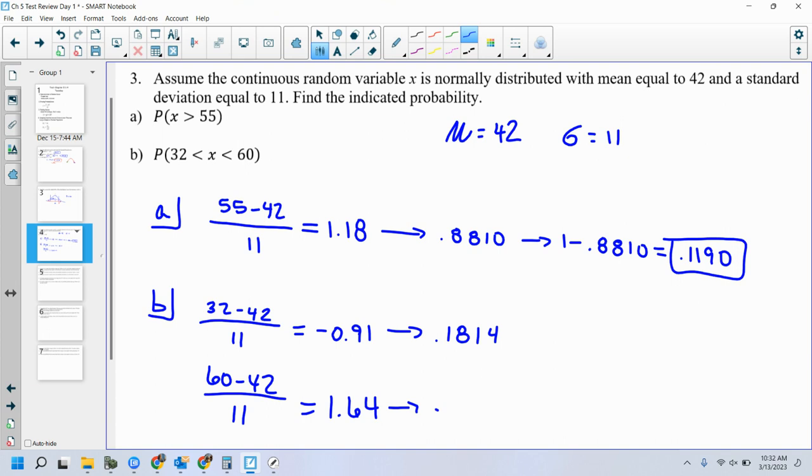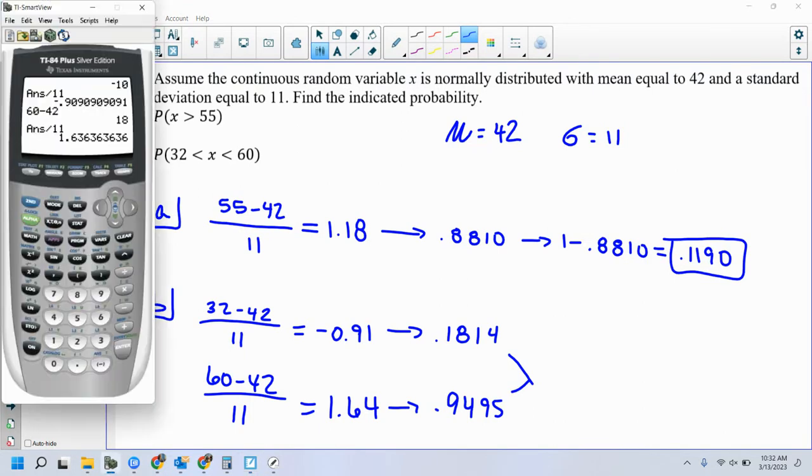That's right. And the difference between the two, because I want to find the probability that it lies in between, would be 0.9495 minus 0.1814, which is 0.7681.